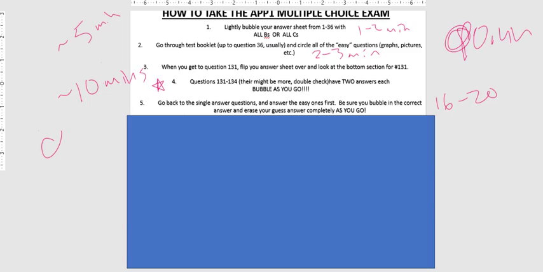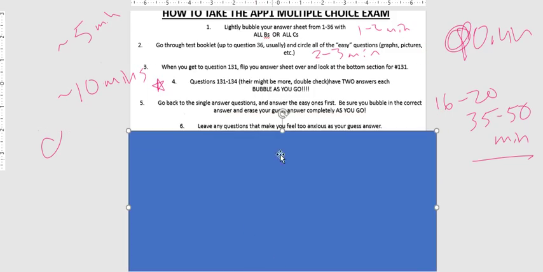I would say that this should take you anywhere between 35 to like 50 minutes. So worst case scenario, you're at 65 minutes right here. Like I said, timing is everything.